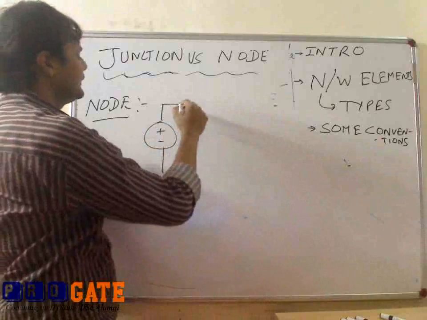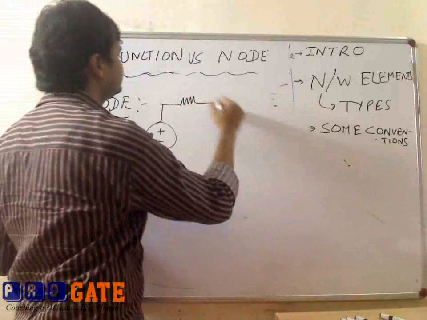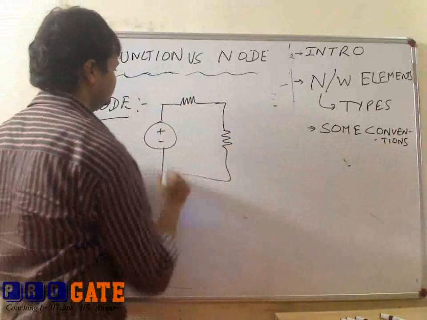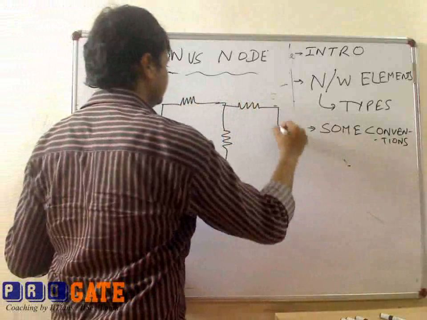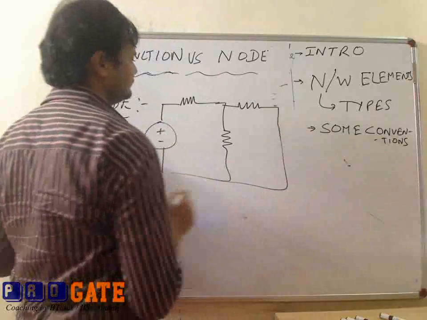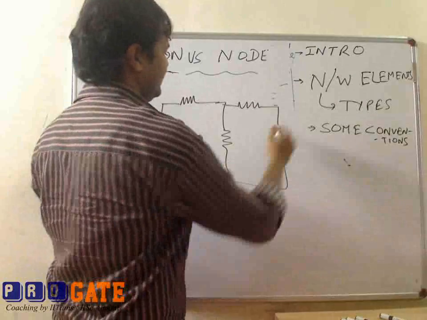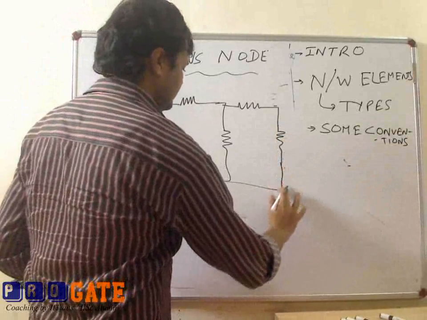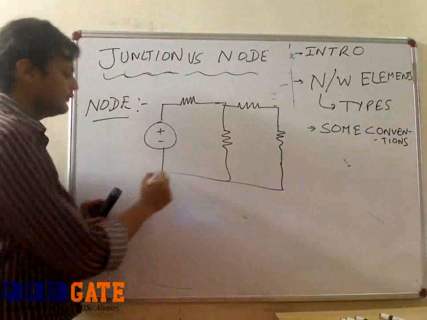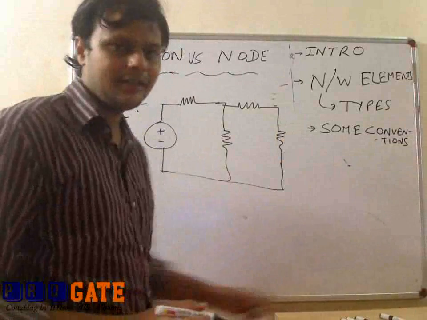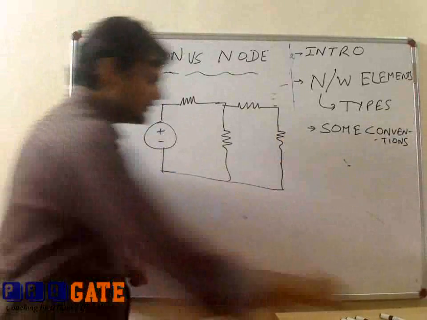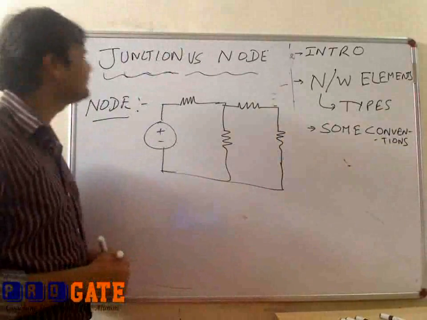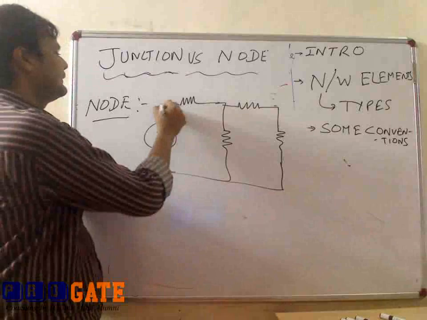Again, a very simple network. So again, I am marking the points, and you have to tell me how many nodes and junctions this network has.